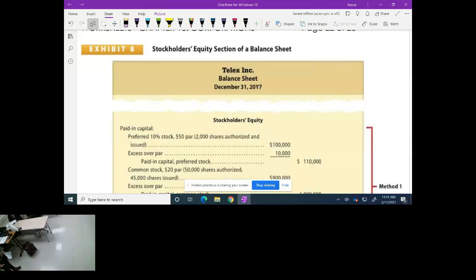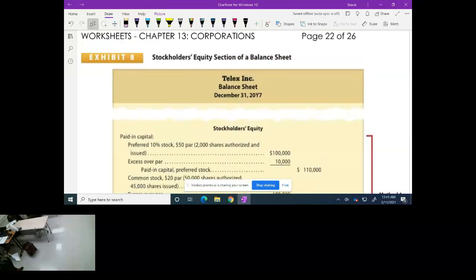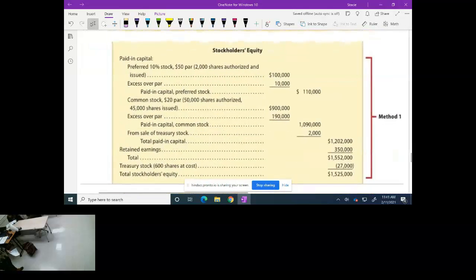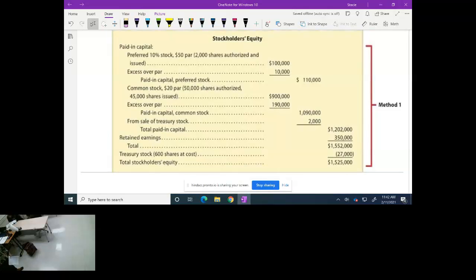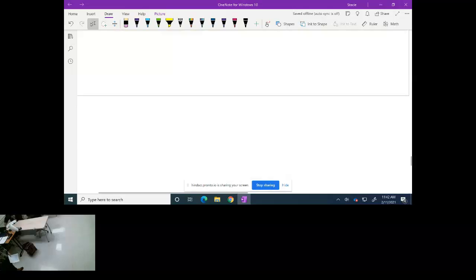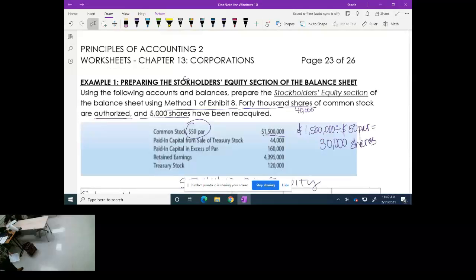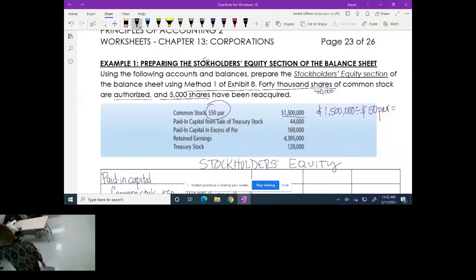Are y'all listening to me? Method 1 of exhibit 8. That's it. I put it in here for you so you wouldn't be hunting around for it. And we're about to do one so you can also use our example. But that's what they're talking about. Because using their example just wasn't a whole lot of fun.